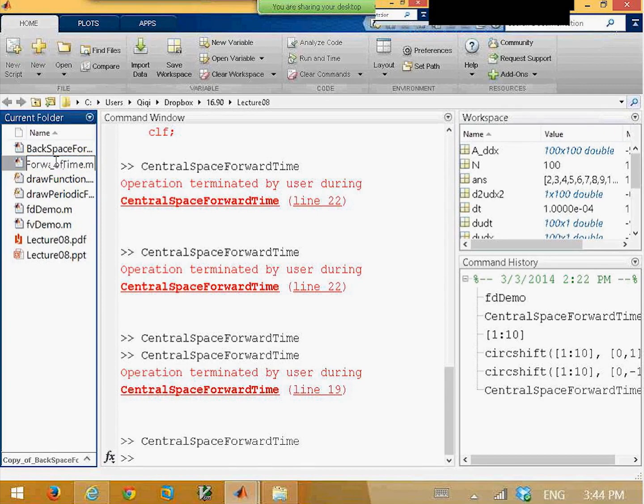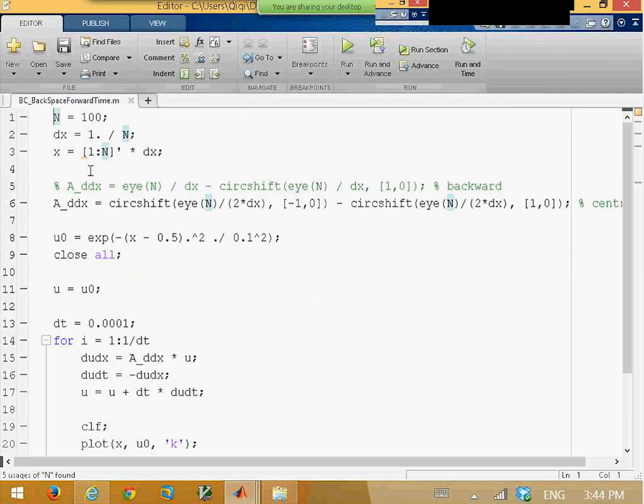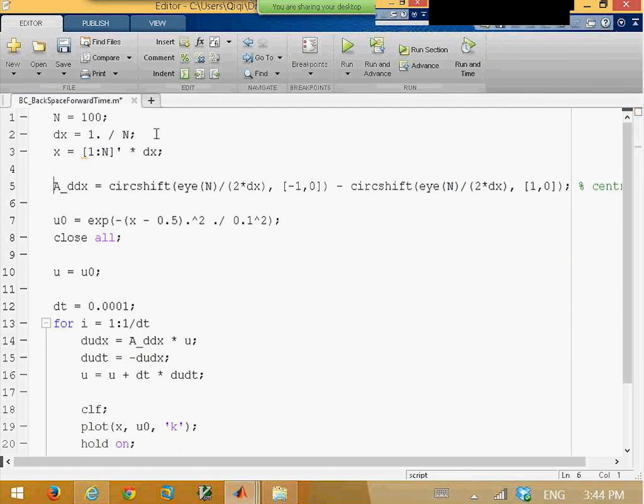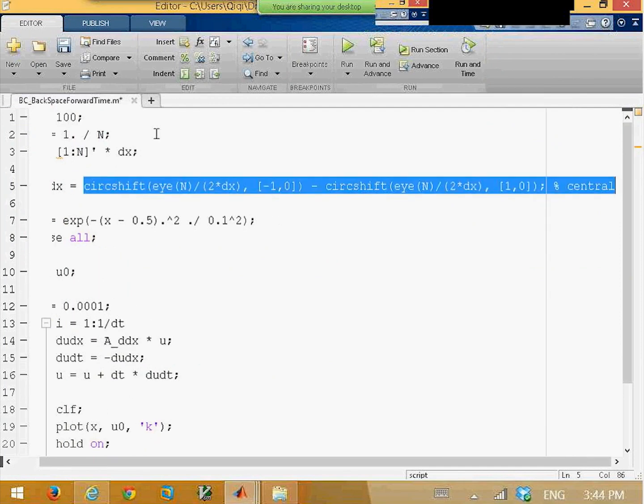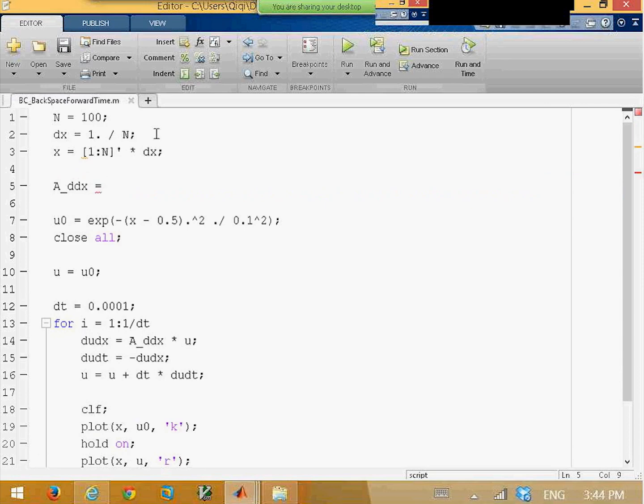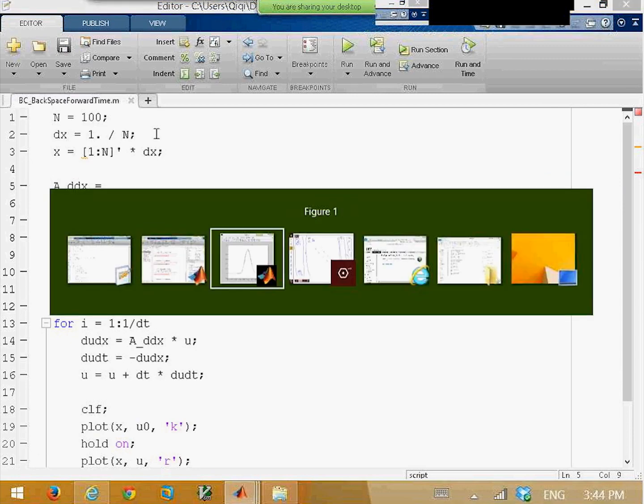And I'm going to copy another one and say boundary condition, backward space, forward time. Okay, now that's correct. So what do I need to do? I need to change the operator, right? I need to change the operator to include the boundary condition. How do I do that?